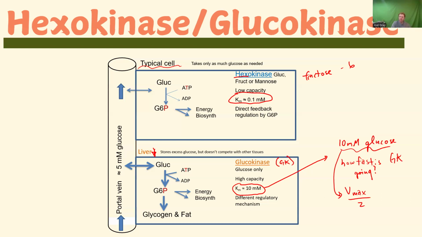If you, however, give it, so I always like to think about a Km as like a payment. If you're paying glucokinase 10 millimolar glucose, it says, okay, cool, I can go half as fast as possible.